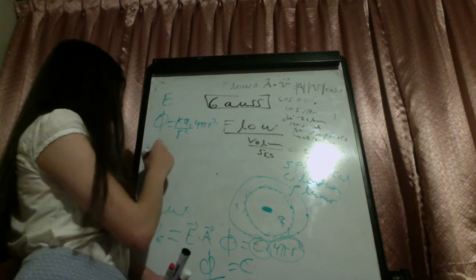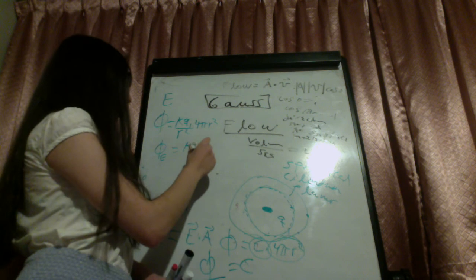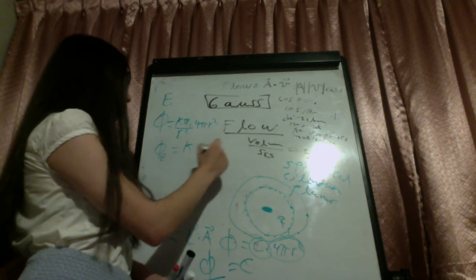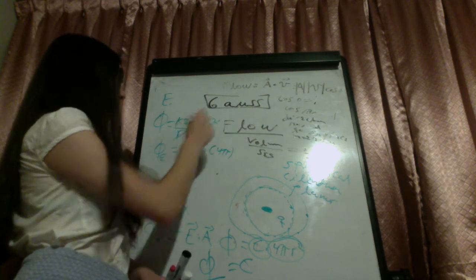So I have that the electric flux is just Coulomb constant times Q1 times 4 pi, and I cancel this r squared.